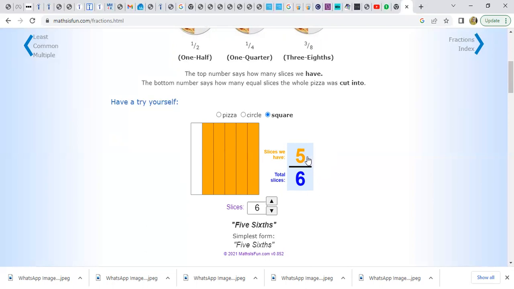If you are taking 5 parts, it would be 5 over 6. And if you are taking all the parts of this, it would be 6 over 6, which means 1 whole. Whenever you have the same numerator and denominator, it is equal to 1 whole. Okay.